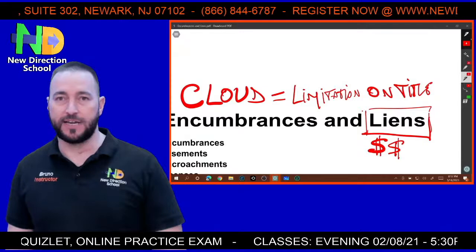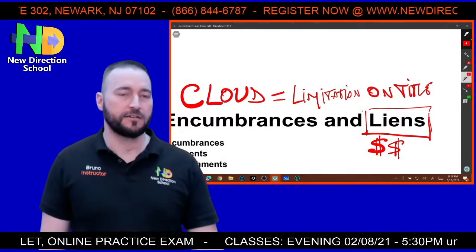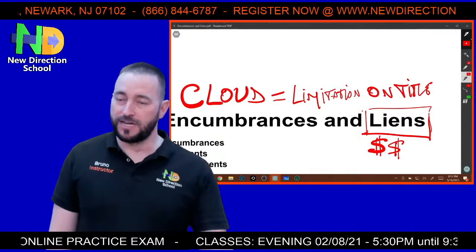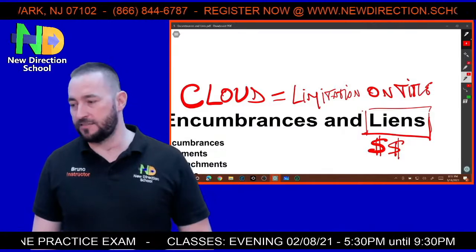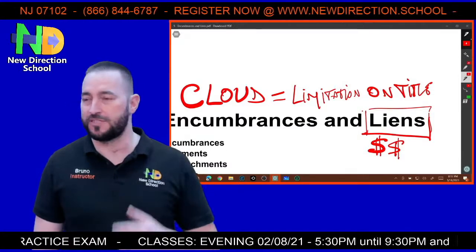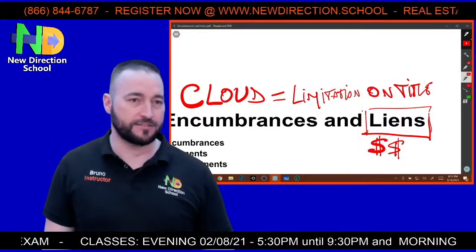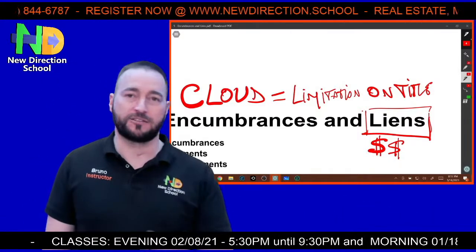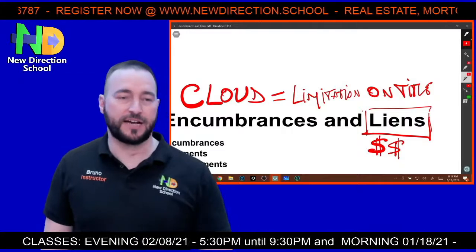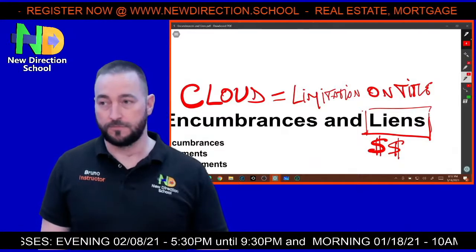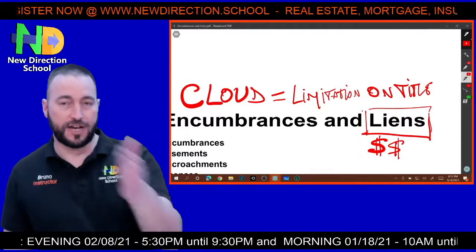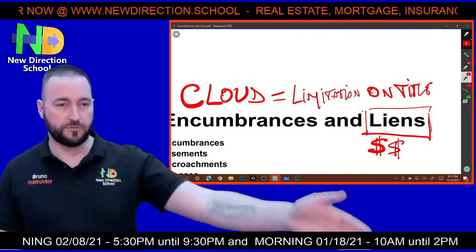Okay? So every time you see a lien, it's a money or a financial claim against the property. That's the encumbrance. That's a limitation. Can you sell the property without paying your property taxes? No. At closing, property taxes must be brought down to zero. So we have to satisfy whatever's unpaid before we can move forward.